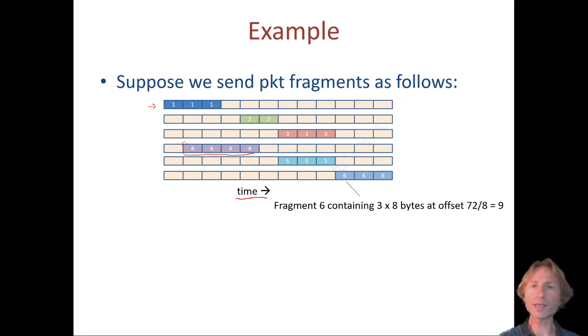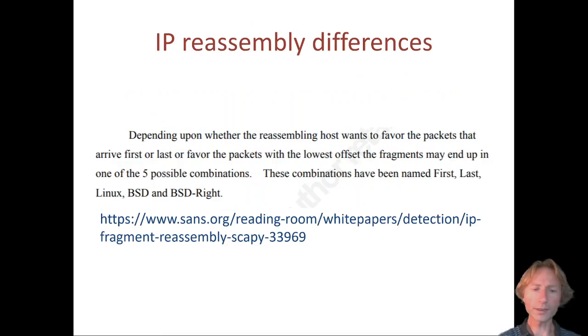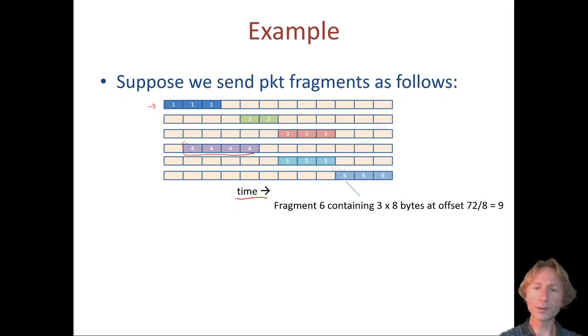Fragment 6 contains, again, 3 times 8 bytes, and the offset is, well, 72 divided by 8 is 9. So it's the 9th cell here: 0, 1, 2, 3, 4, 5, 6, 7, 8, 9. So that's what the attacker sends.